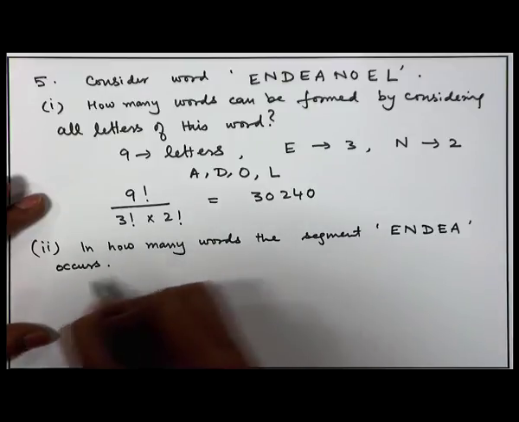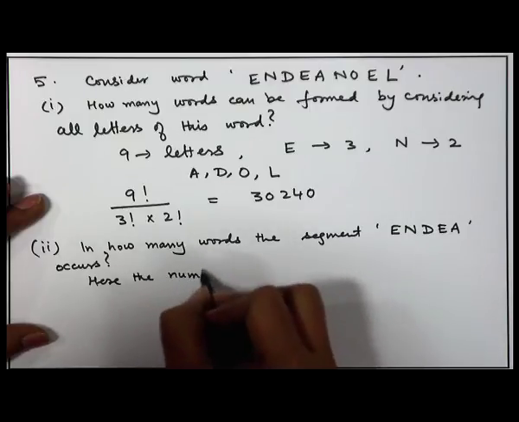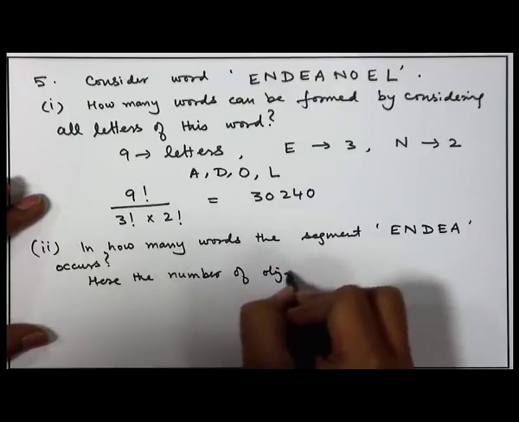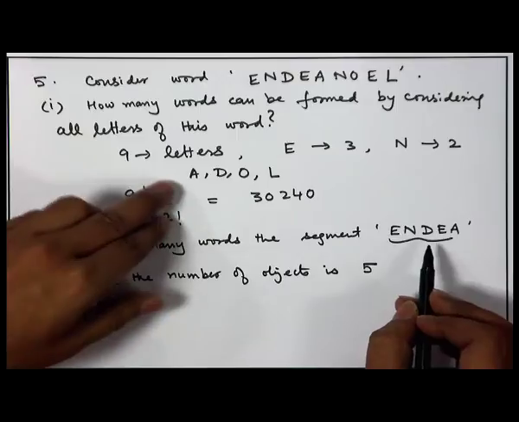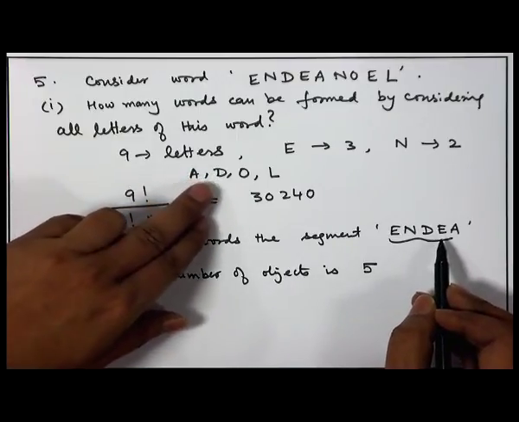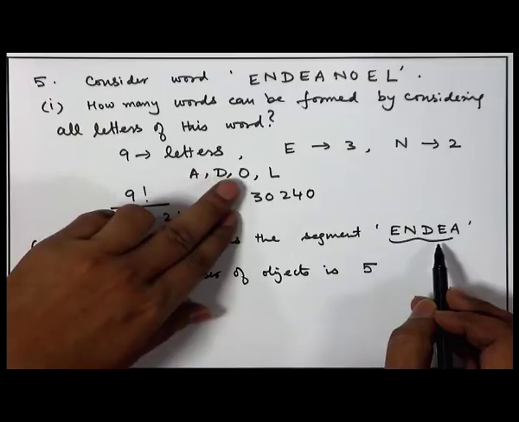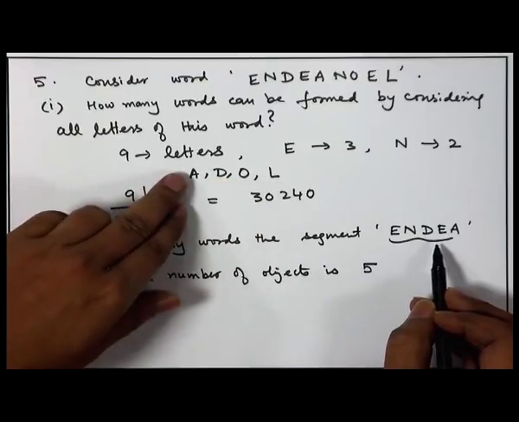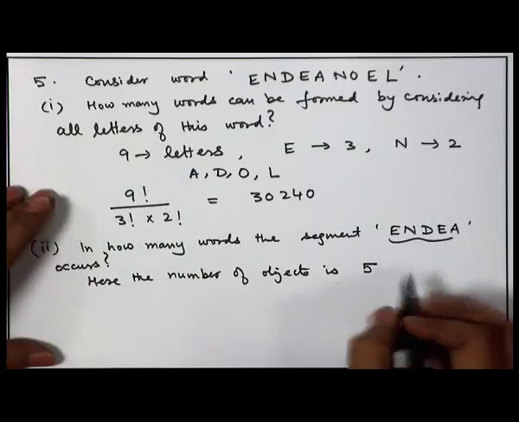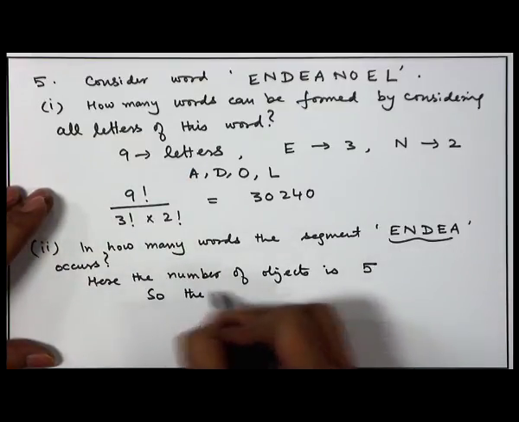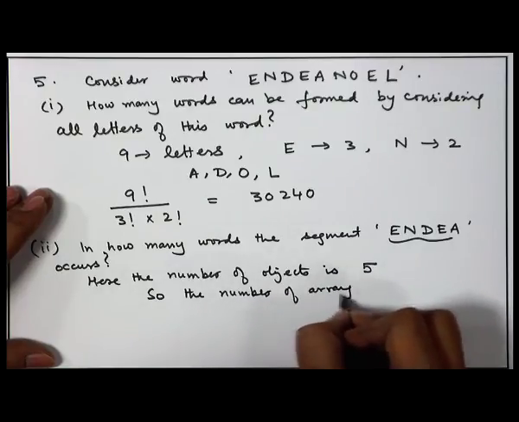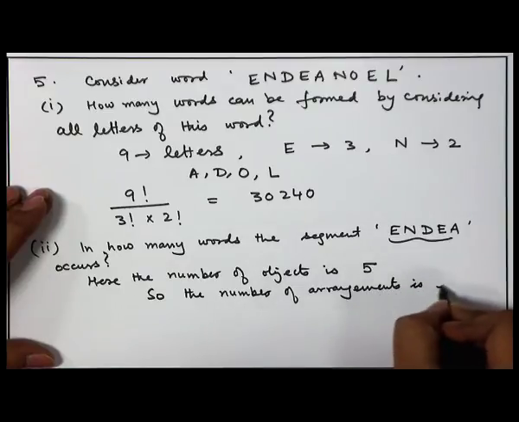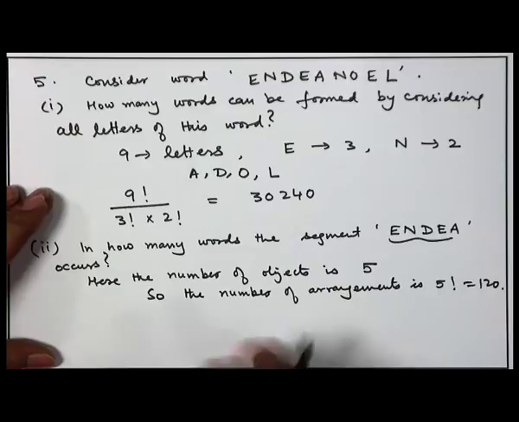So, here the number of objects is 5, that is E N D E A, and then you have the remaining 1 E, 1 O, 1 L and 1 N. So, the number of arrangements is 5 factorial, that is 120.